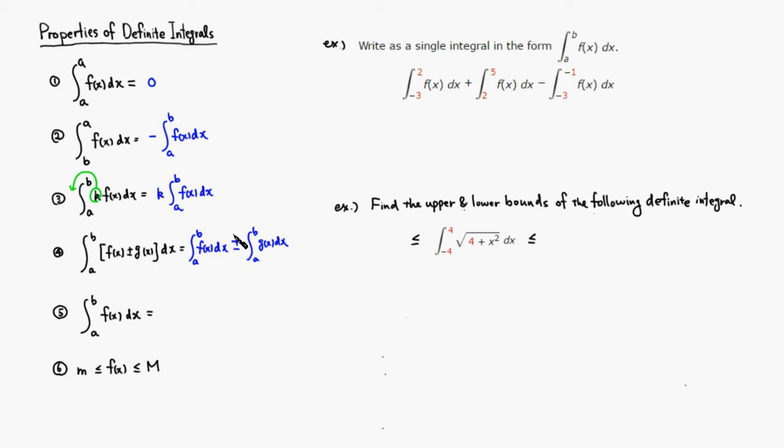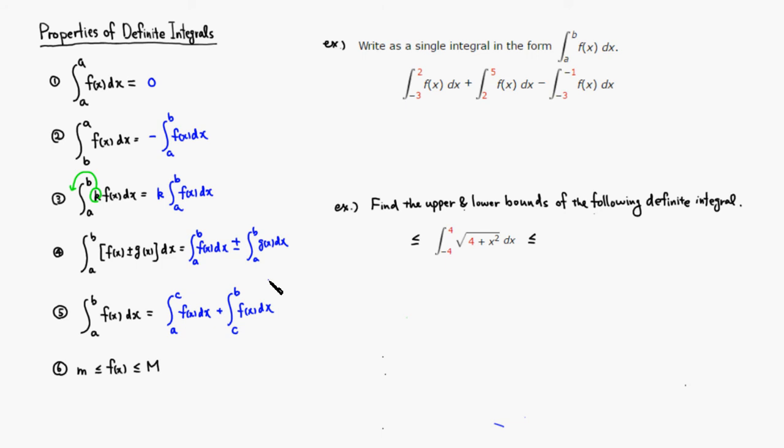Number 5: if you have an integral from a to b, you can split it into the integral from a to some other number c of f of x, kind of taking a break there at c, and start back up from c all the way to b.